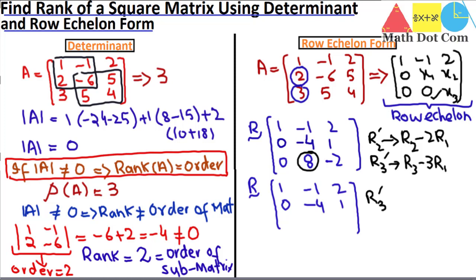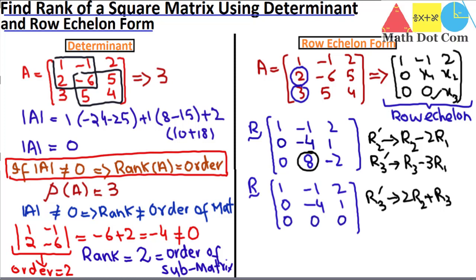So R3 dash will be 2 times R2 plus R3. Let's see what we will get. 2 into 0 is 0, 0 plus 0 is 0, 2 into minus 4 is minus 8 plus 8 is 0, 2 into 1 is 2, 2 minus 2 is 0.